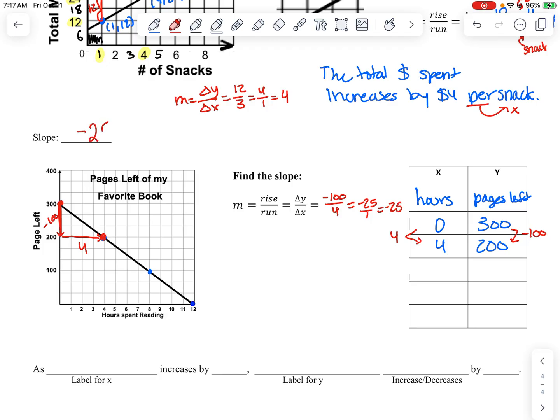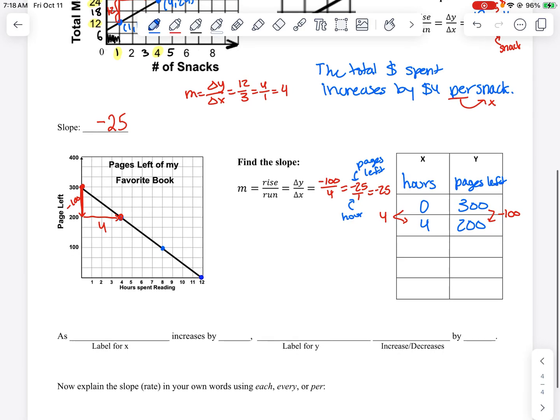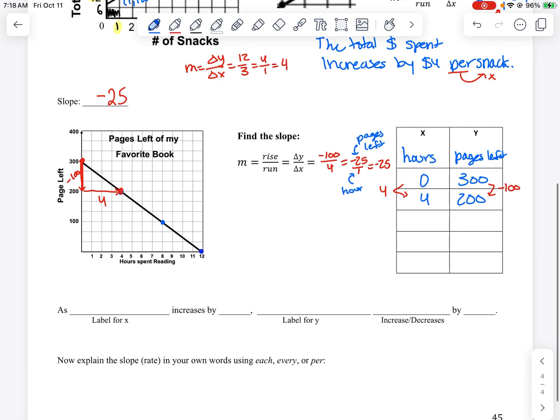I'm writing the over 1 because sometimes in the description, it's easier if you remember that it's every 1 hour the pages left is going down by 25. So usually we'd say a sentence like, the number of pages left decreases by 25 per hour, or goes down by 25 per hour.